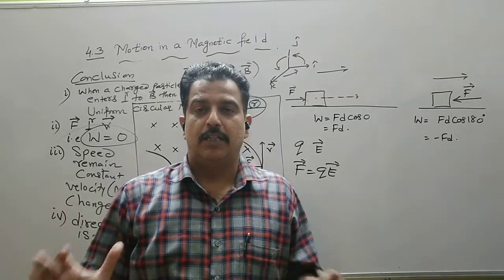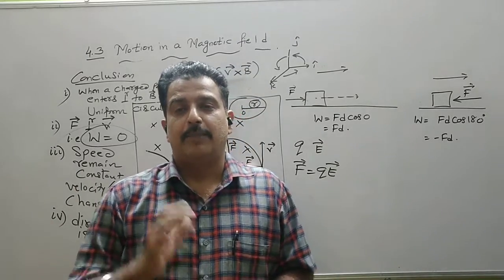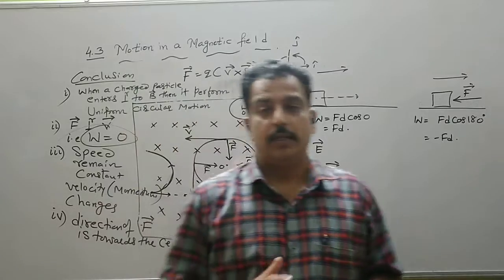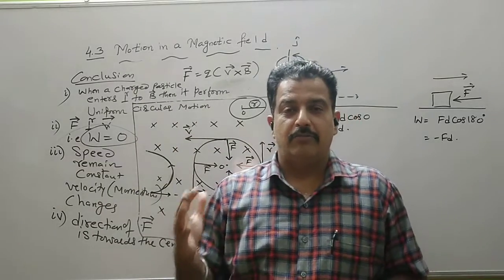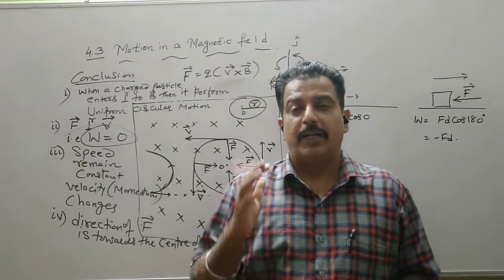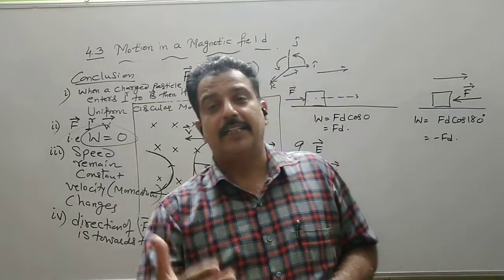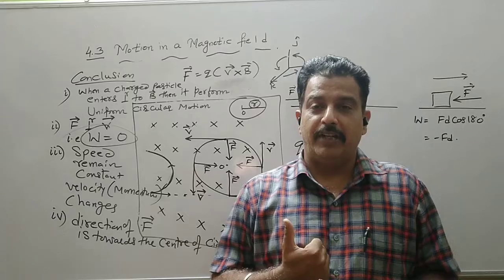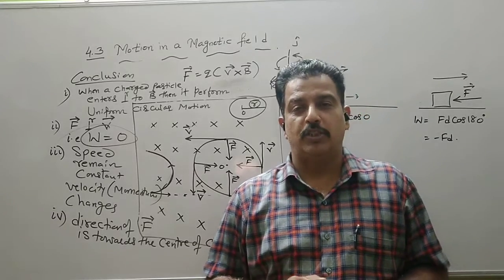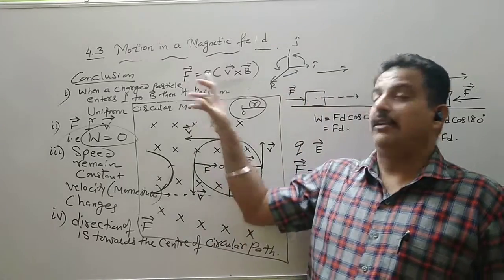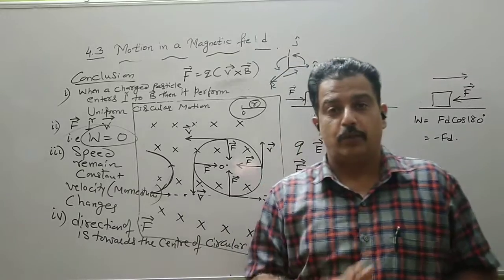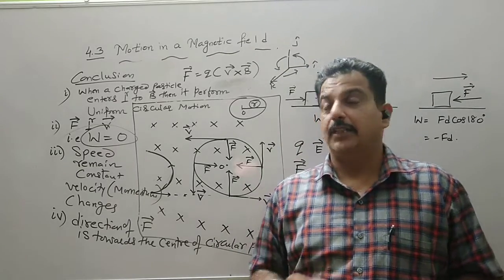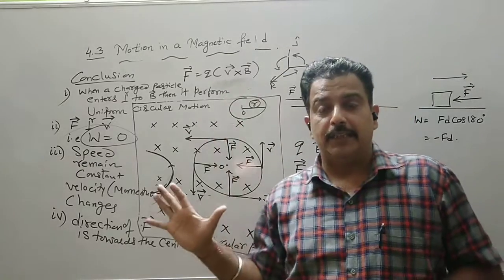Here we have considered a simple case where the particles enter perpendicular, and in the previous lecture we discussed that if the particle enters in the direction of the field or opposite to the field, that is theta equal to 0 or 180 degrees, then the force acting is 0. So we started with this angle to be 90.